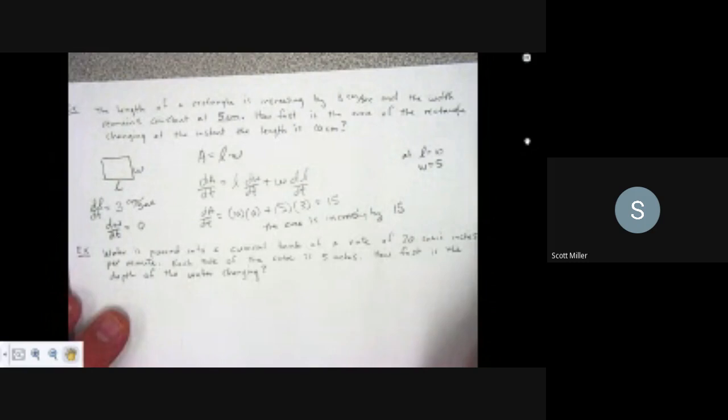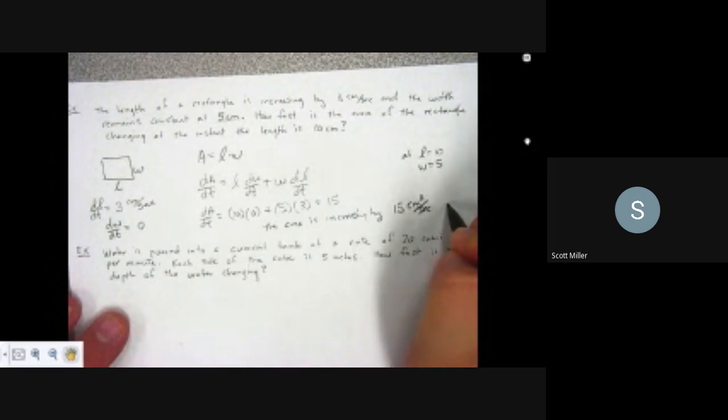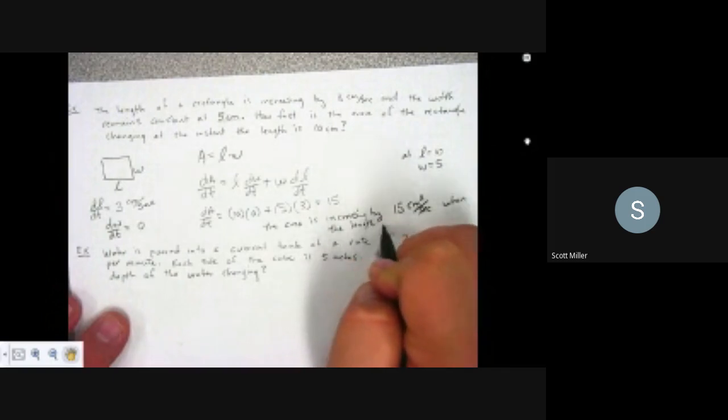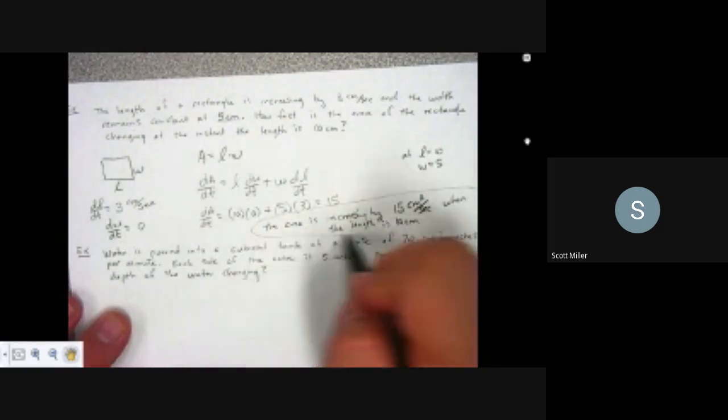The area unit is centimeters squared. So this is increasing by 15 square centimeters per second, when the length is 10 centimeters. So that is how you answer that question.